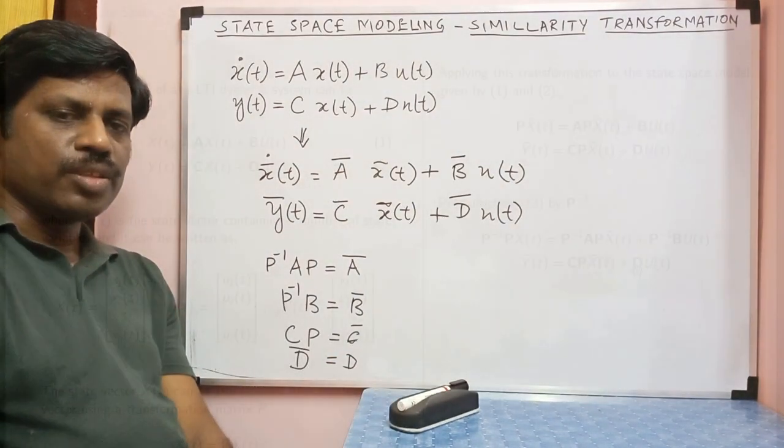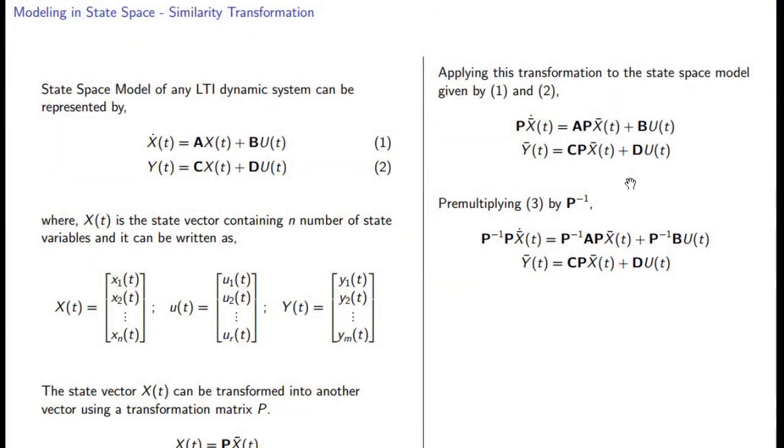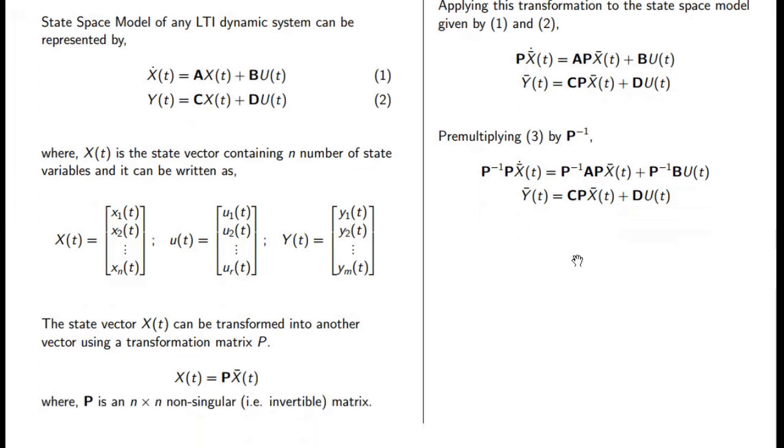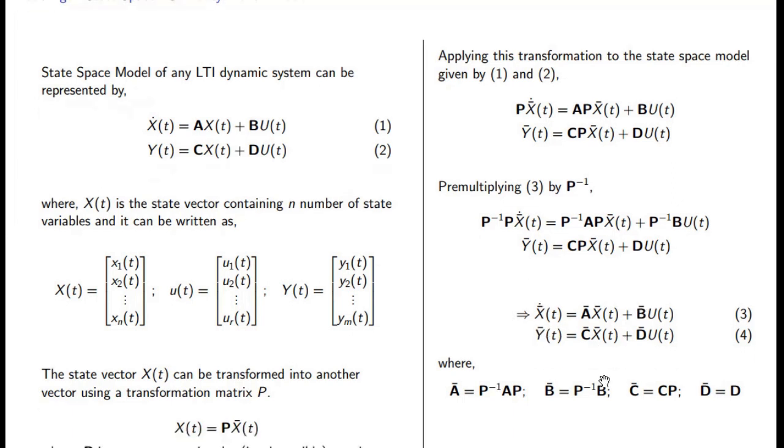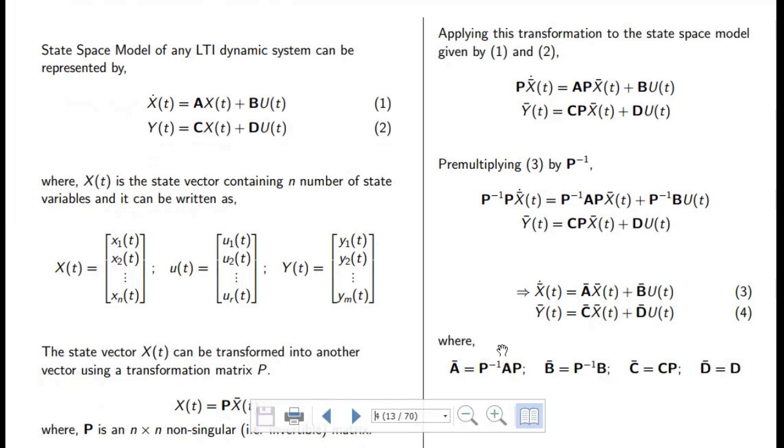Okay. So this is the new equation, the new state space model, or I can call it the transformed state space model in terms of the matrices A bar, B bar, C bar and D bar.